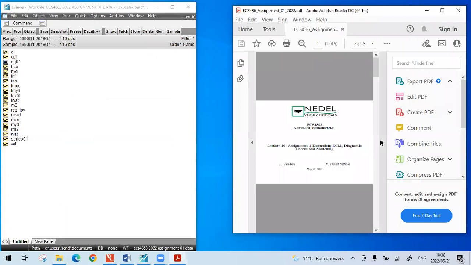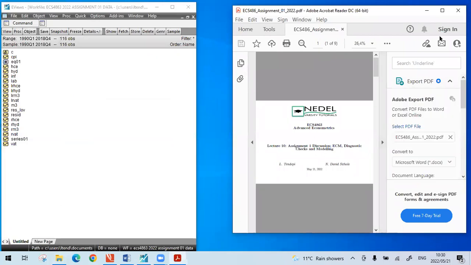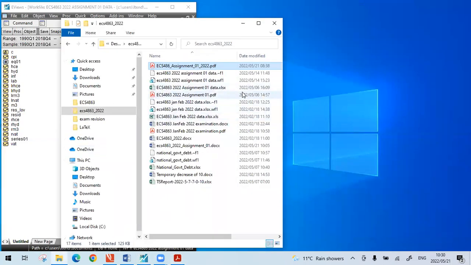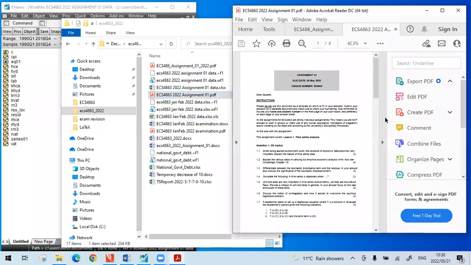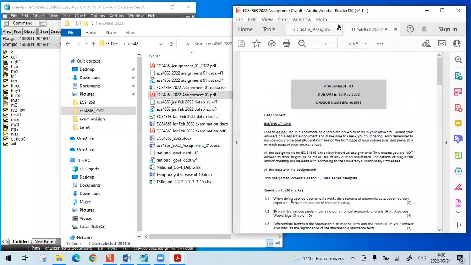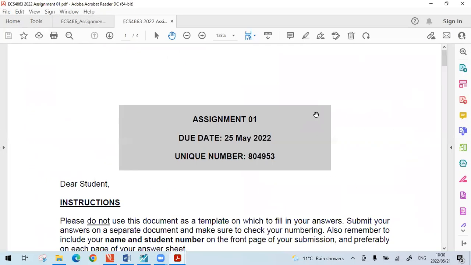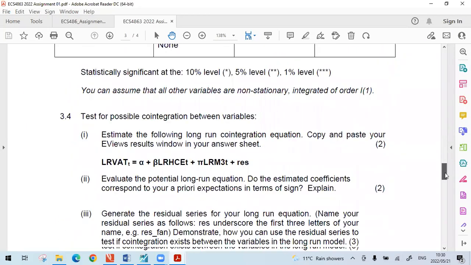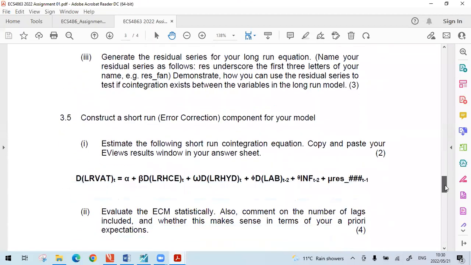I hope you are. Is it the question paper? No, it's not. Where's your assignment? Oh, yeah. Guys, are you seeing what I'm putting up there, the assignment? Can you see it? Yes.